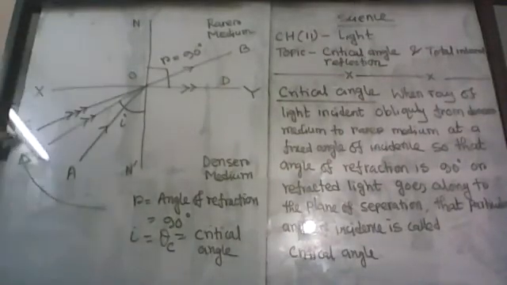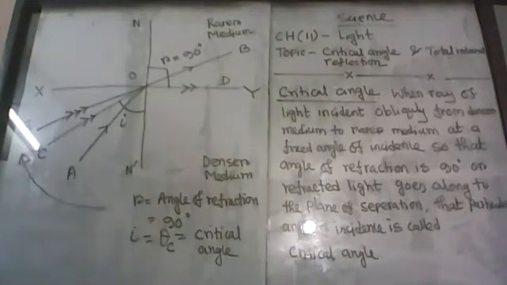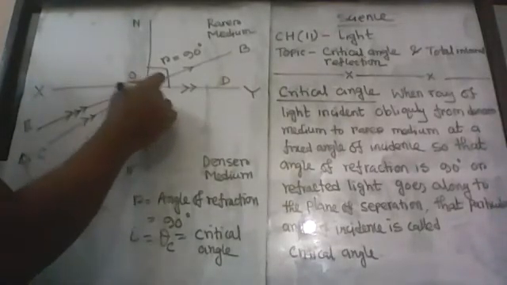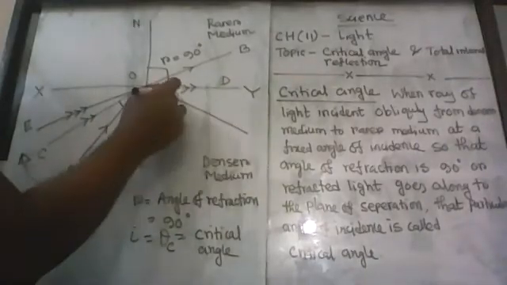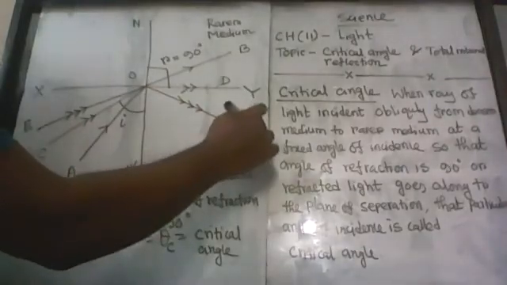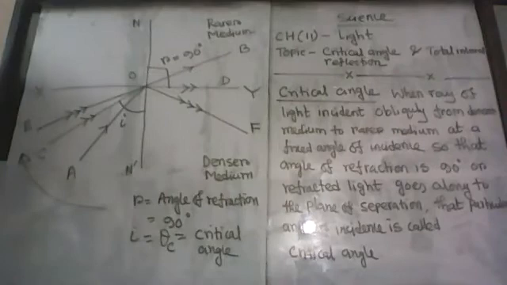EO incident at point O. Then see this, after incidence at point O, the ray of light just comes in this particular direction, along the wave path. So here no refraction of light takes place.